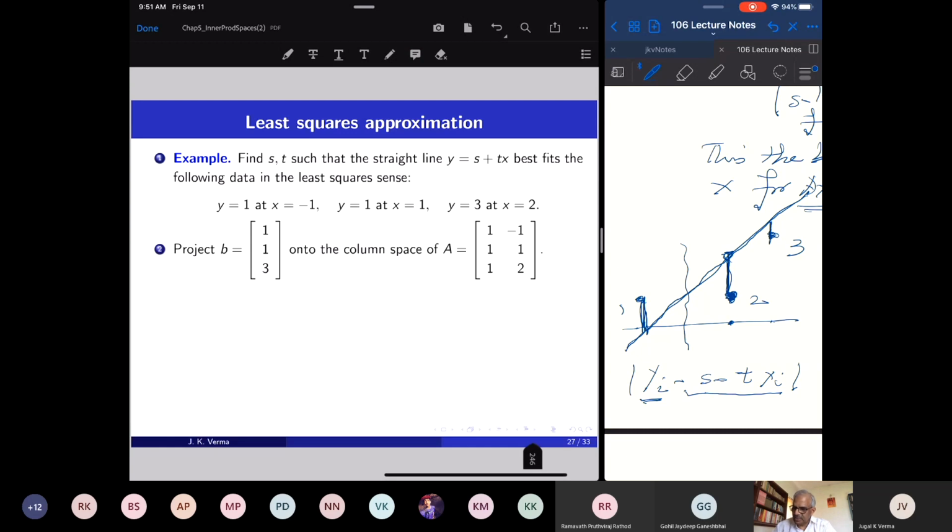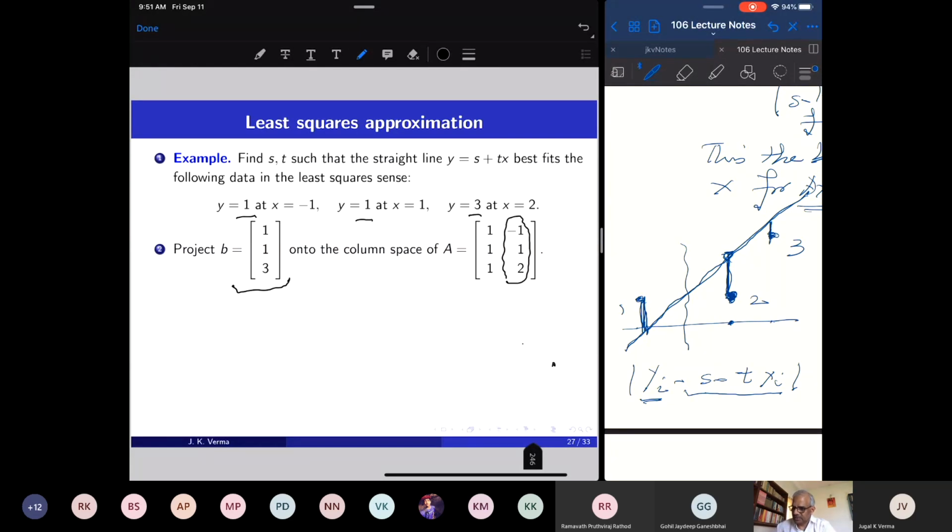The principle is that the B vector consists of the outputs. These are the outputs of the experiment, y equal to 1, y equal to 1, y equal to 3, and these are the inputs.